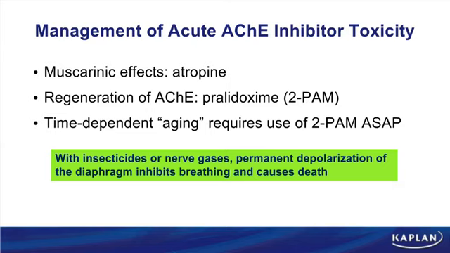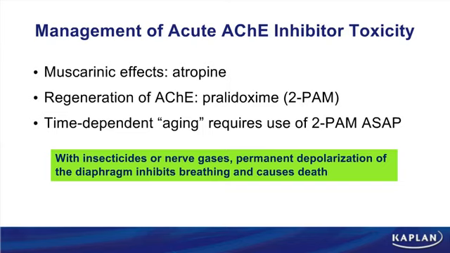It's what's referred to as a regenerator. If you think about that term, it can regenerate acetylcholinesterase. The reason this drug can do this: do you remember how acetylcholinesterase inhibitors that we call organophosphates actually bind to the enzyme? They are irreversible inhibitors. They form very strong covalent bonds with the enzyme.